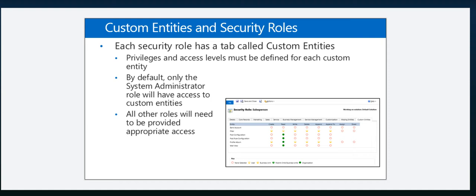By default, only the system administrator has access to it. So if you're the system administrator and you create all these new custom entities, then you probably don't notice it when navigating the system yourself, and then you let your other users know and they don't have access to it. So keep in mind that you want to check up on this and go to the custom entities tab in the security roles and make sure that everybody has access to it.